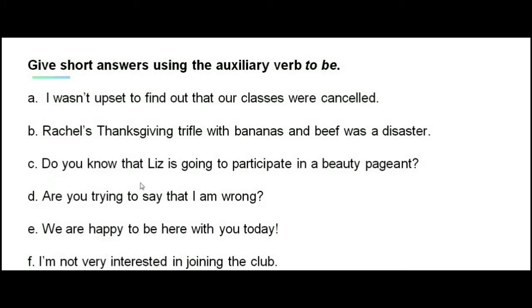C. Do you know that Liz is going to participate in a beauty pageant? D. Are you trying to say that I'm wrong? E. We are happy to be here with you today. F. I'm not very interested in joining the club.